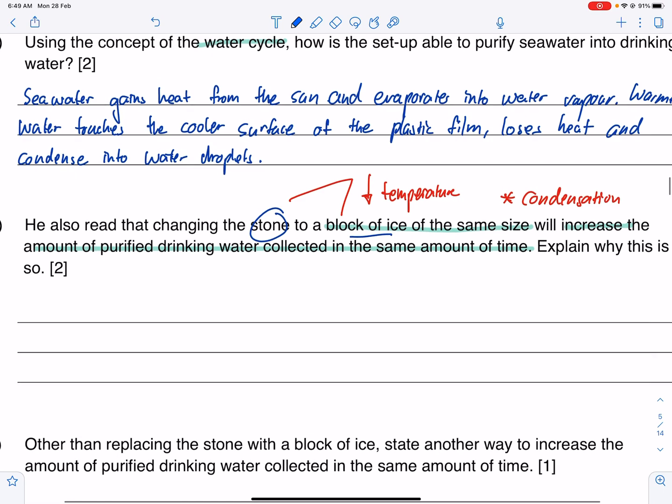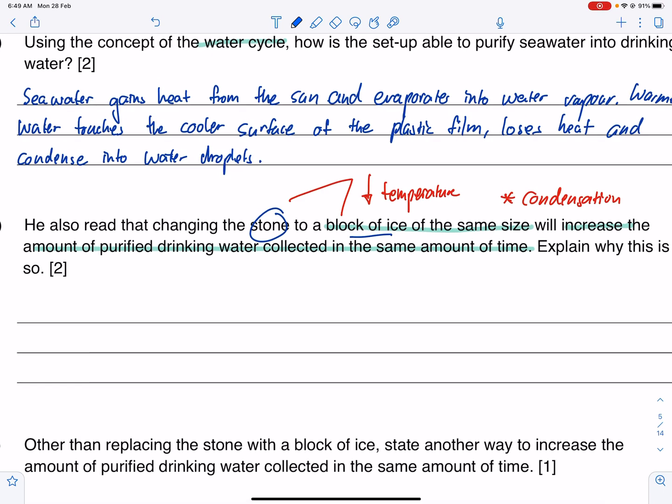So how do we then convert that into written form? Okay, so what we need to first say would be that the block of ice decreases, or rather makes, the plastic film cooler or colder.